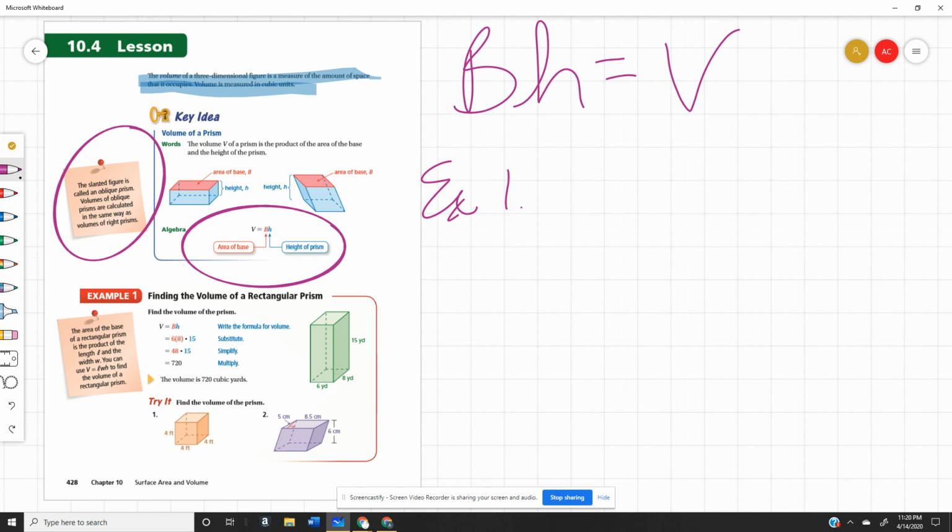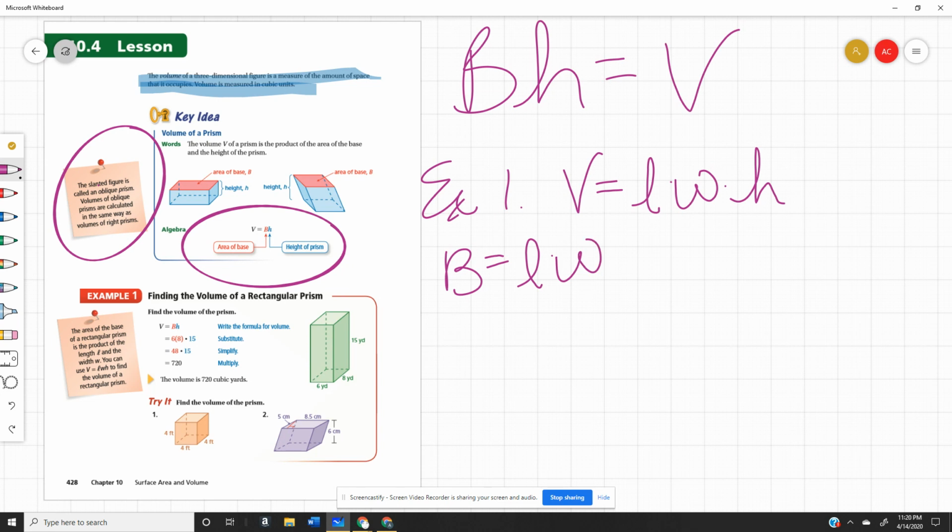What they're saying, and it's kind of confusing, is that we can substitute length times width for the area of the base, since the area of the base is equal to length times width. If you look right here, length times width is going to give me the area of the base of this rectangular prism. And so I can just substitute that in.